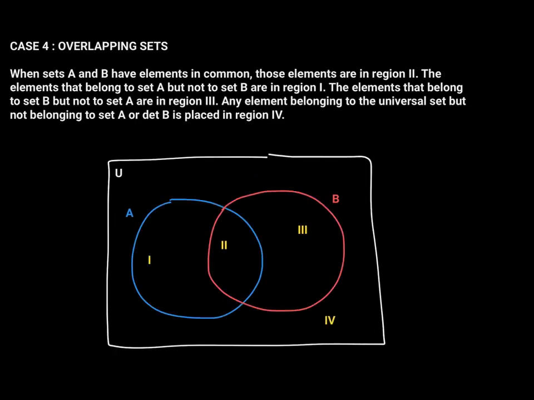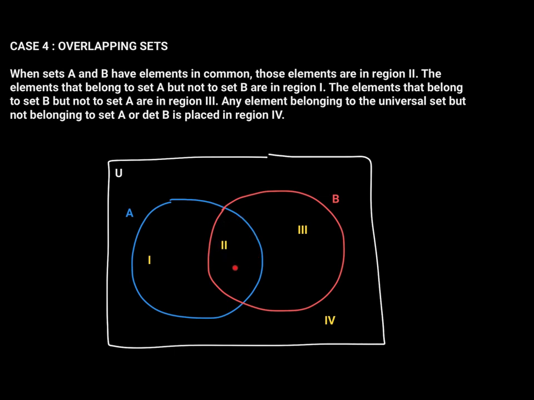In this case here, we have overlapping sets, and I'd like to say that this is probably the most common, or what people are most familiar with when you say Venn diagram. This is the case where you have overlapping sets. You have sets A and B. They have elements in common. Those elements that they have in common, we say, are in region 2.